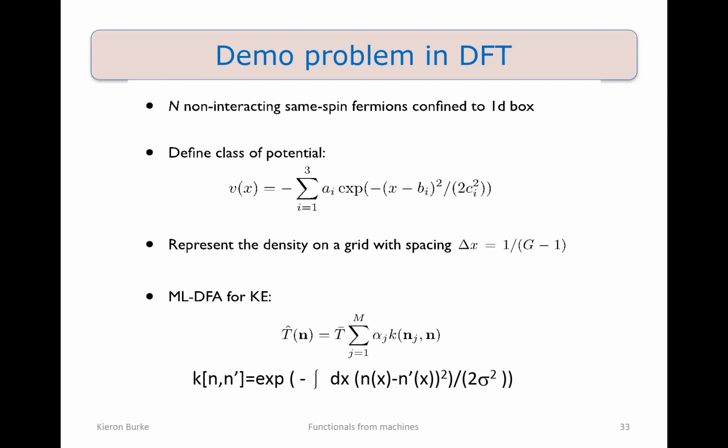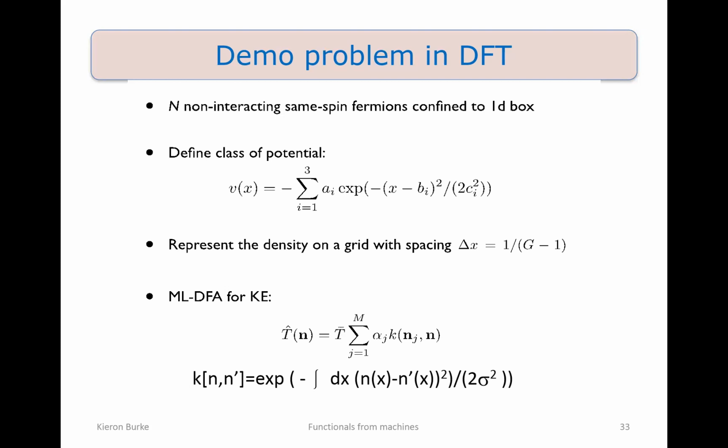And we take a Gaussian kernel, which is pretty standard. But you see here, inside here, we have this integral over space of the difference between 2 densities squared. So this kernel is a totally non-local object because you have to integrate over the whole system, and it's measuring how different two densities are, one from the other.